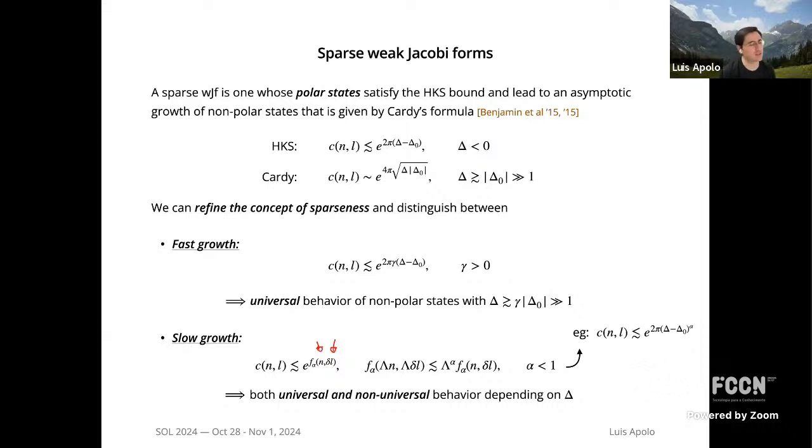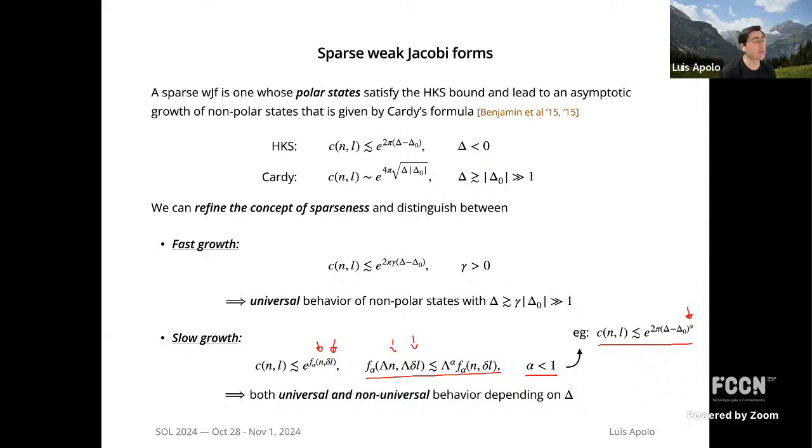Because there are these two variables, the way that we parameterize this slow growth is by requiring that f scales in this way when you scale these two variables. Okay, and this parameter alpha here must be less than 1. An example of this, if you forget about this variable delta L, would be something like this. Something that is not Hagedorn, it's sub-Hagedorn, because in the exponential you have this extra exponent alpha, which is less than 1.